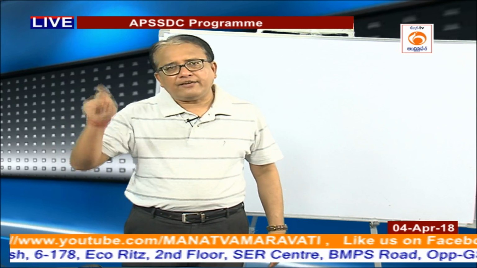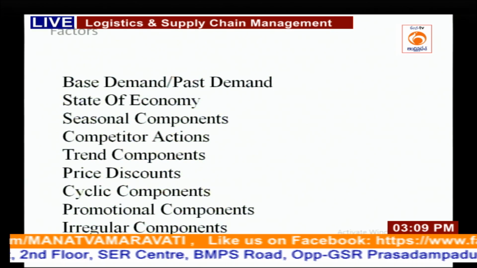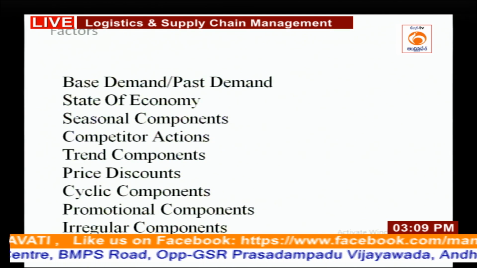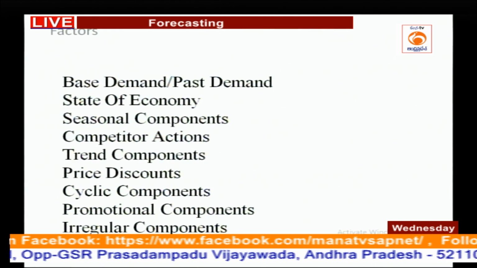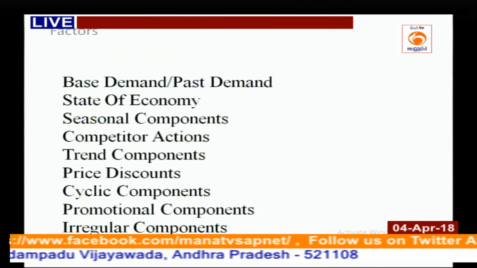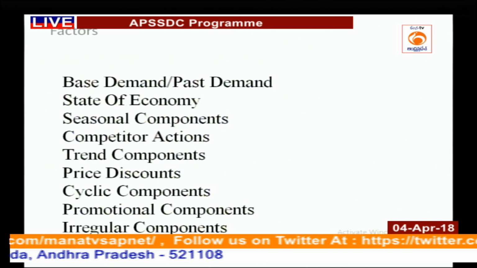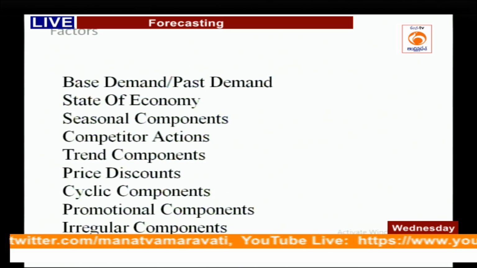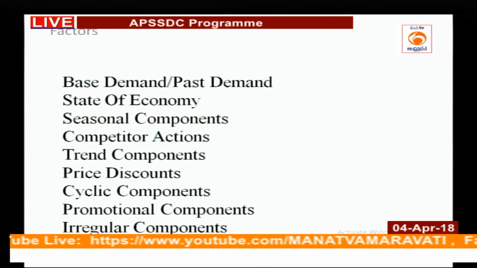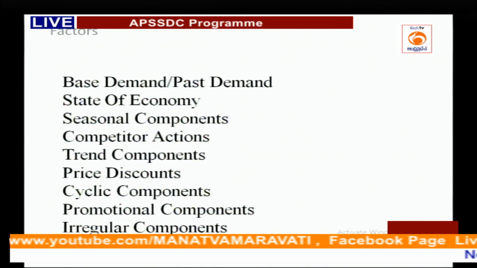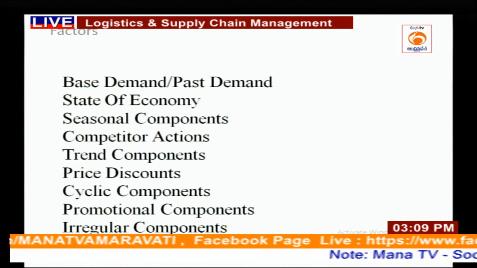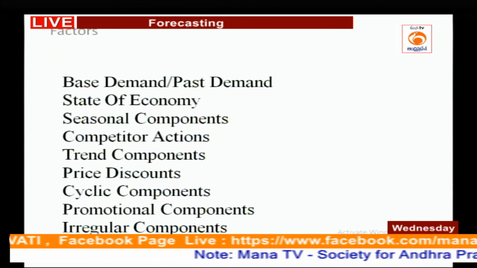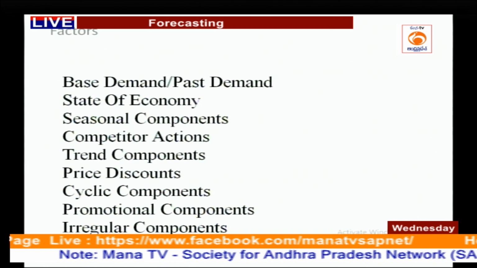Let us see the slide and read all the factors. Base demand or the past demand, state of the economy, seasonal factors, actions of competitors, the trend, whether price discounts are available or not, cyclic components, promotional or advertisement components, and irregular components.